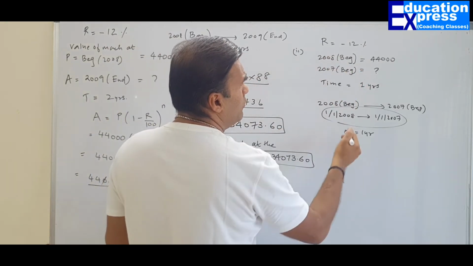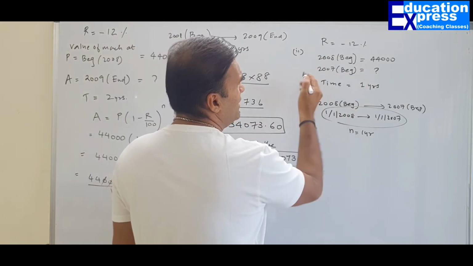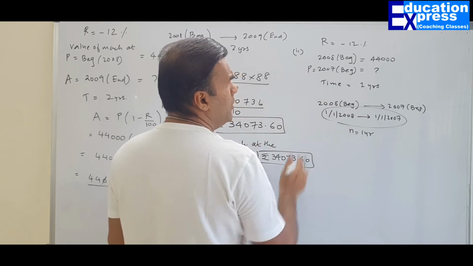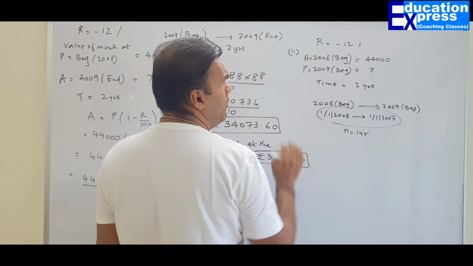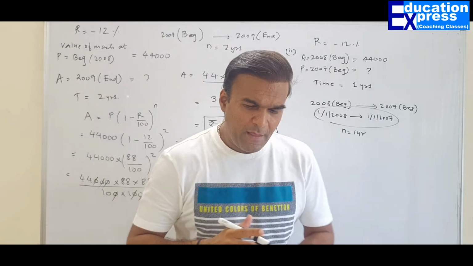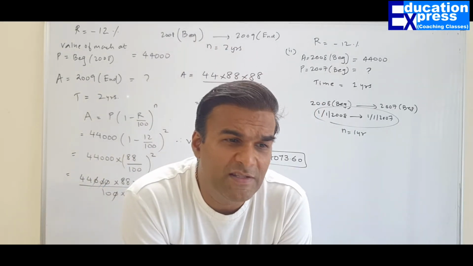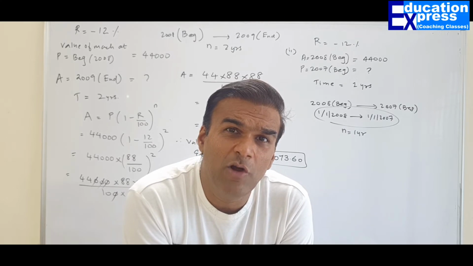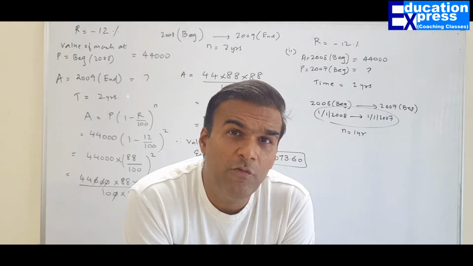So you come to know that sir, 2007 will become principal, 2008 will become amount, rate is available, time is available. Remember, past is always the principal, present is always the principal, but future will always be the amount.